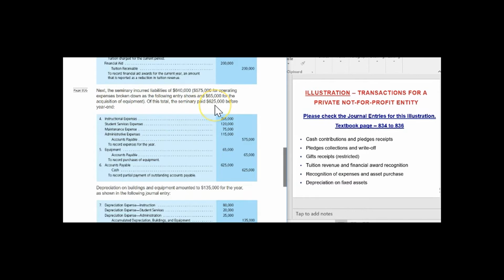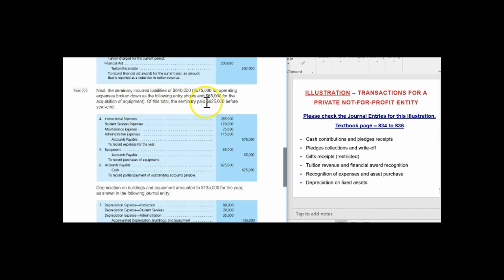And they also paid 625,000 of these liabilities. So these are straightforward. They have all these expenses, very different categories, very regular types of expense: instructional expense, student service, maintenance or administrative expense, and then they will credit all those as accounts payable, and they're going to debit all those expenses.